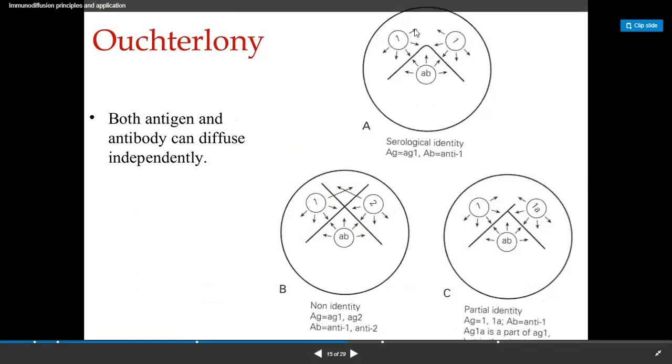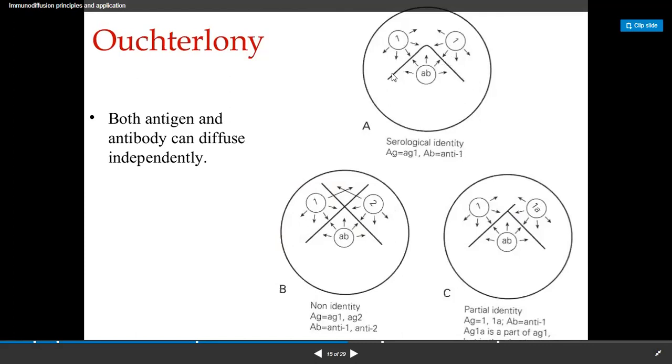In the agar surface we first added antigen 1 and antigen 2. If antigen 1 and antigen 2 are identical to each other, this antibody will diffuse and could not bind to these antigens differently, because it cannot identify which antigen is more identical.